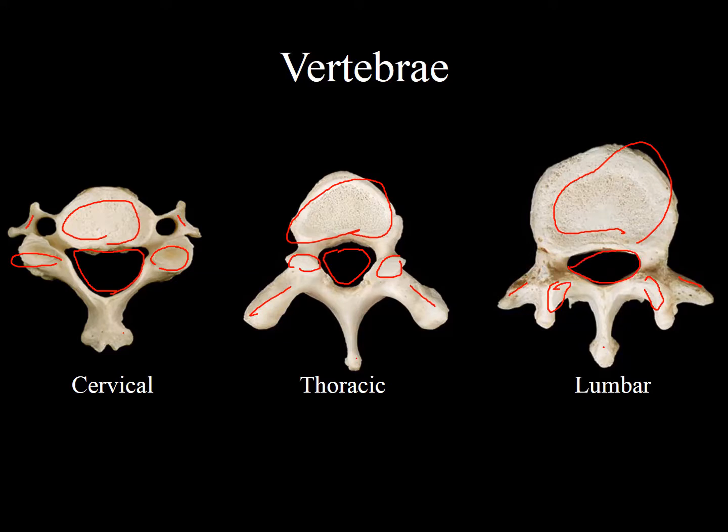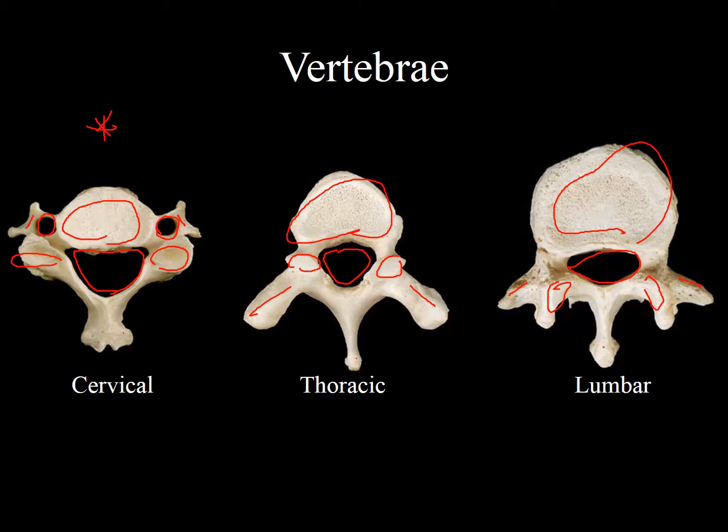The only thing that the cervical vertebra has that the lumbar and the thoracic vertebrae do not, and all cervical vertebrae have it, is something called the transverse foramen. The transverse foramen are very important in the cervical spine because they allow the vertebral arteries to go up into the skull, and that's an alternate source of blood flow to the brain.